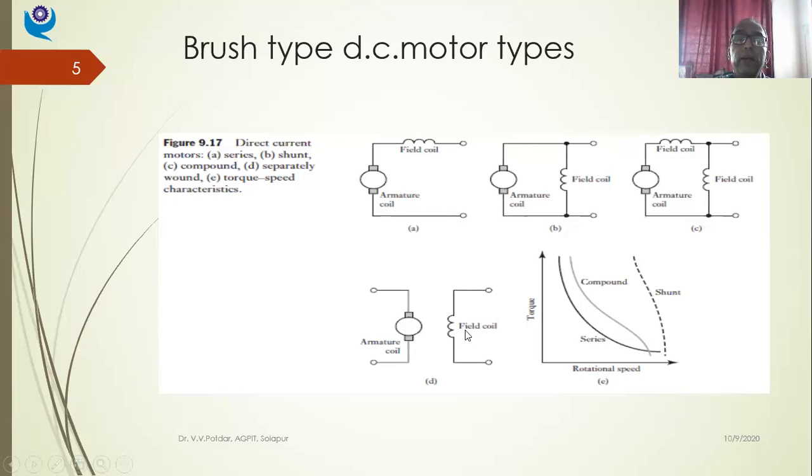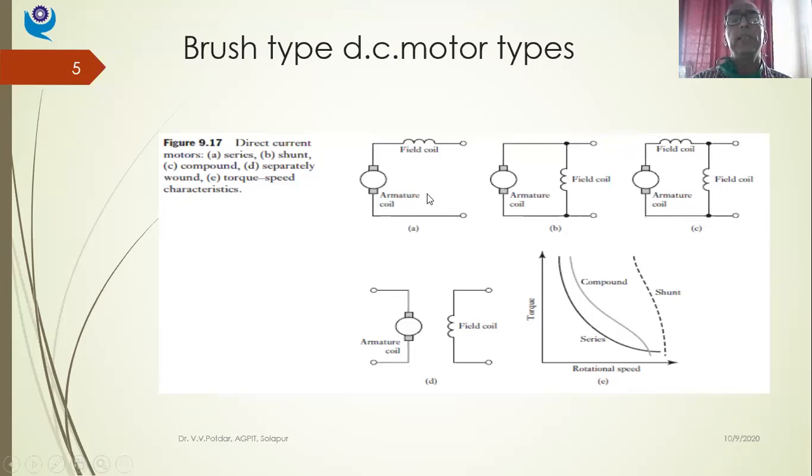So the field coil has a separate power supply. Whereas in the other three types, series, shunt, and compound, the same power supply is shared by the armature as well as the field coils. So in a separately wound DC motor, the field coil has a separate supply and the armature coil has a separate supply.